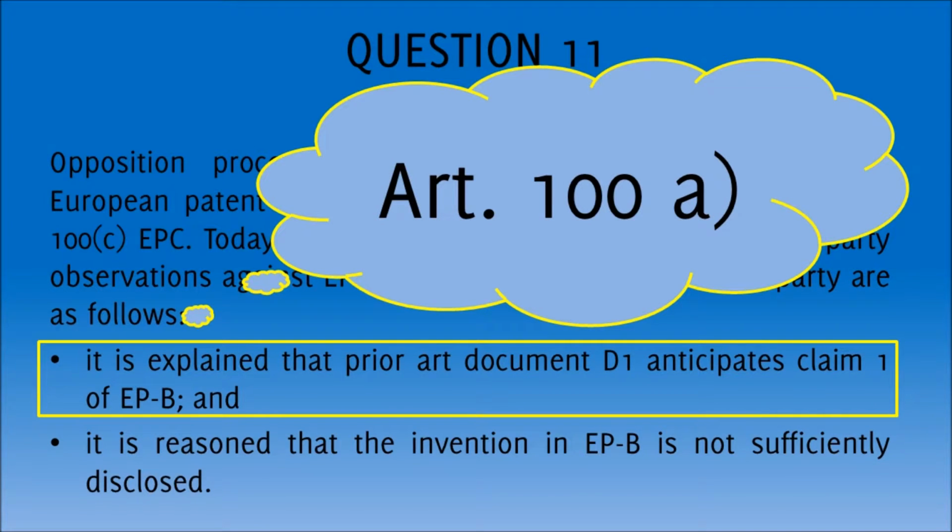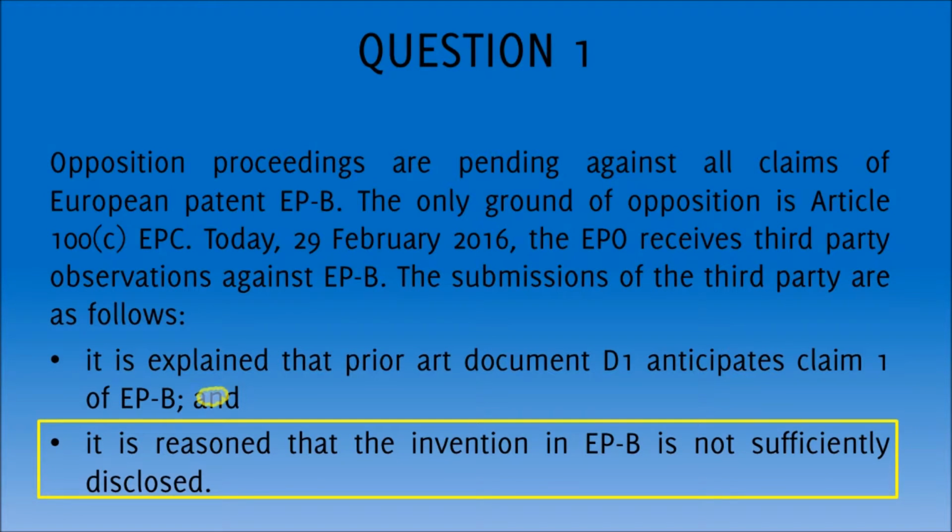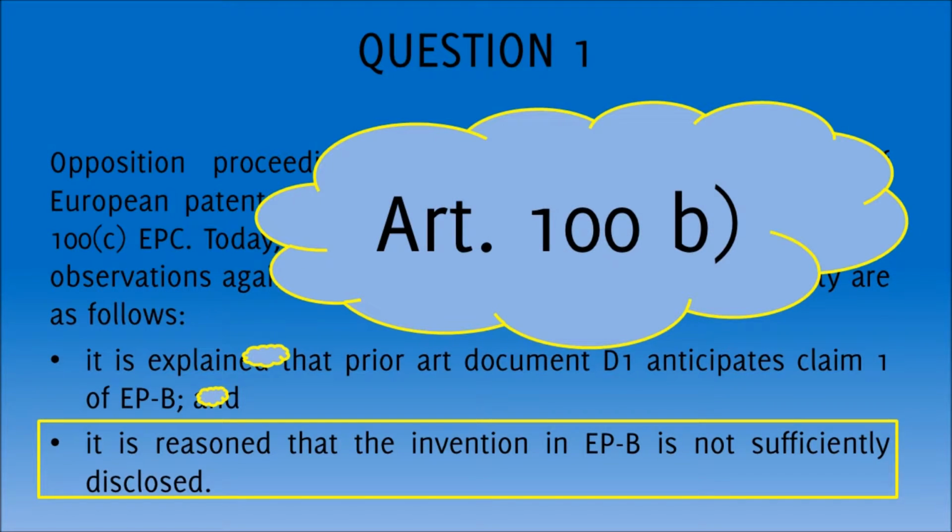Here it says a prior art document anticipates a claim, and this is of course nothing else than a ground for opposition according to Article 100A. And the second ground of opposition is that it is reasoned that the invention is not sufficiently disclosed, and that of course is based on Article 100B. So those things should go through your mind when you look at the different sections of the case as such.